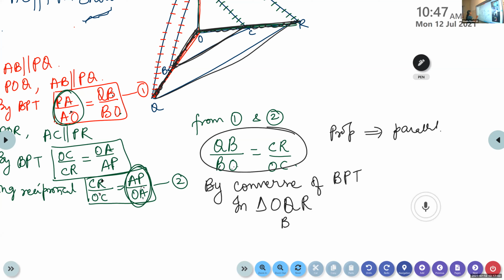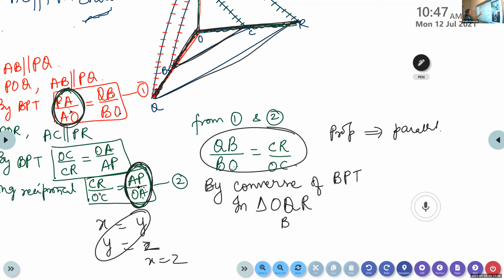QB by BO is equal to CR by OC. These two are equal, children. Suppose x is equal to y, and y is equal to z. Therefore, can we say x is equal to z? That is what we are writing here. Already these two are equal, so we get QB by BO is equal to CR by OC.